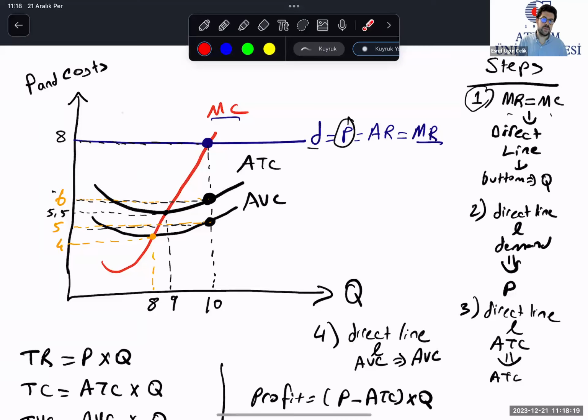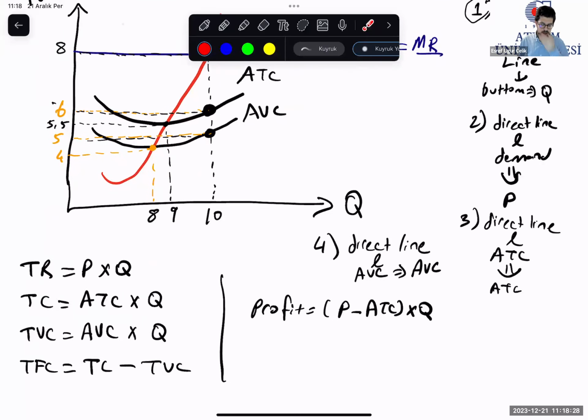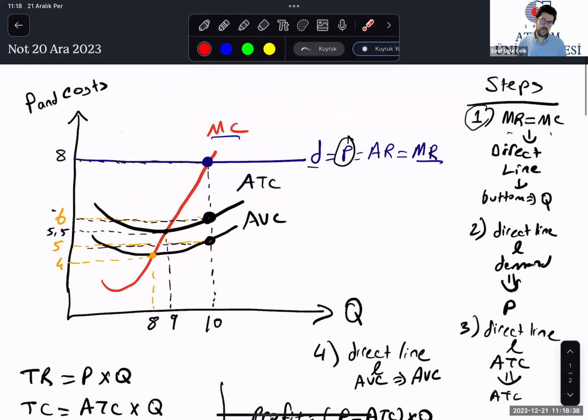And the intersection point of the direct line and average variable cost gives the value of average variable cost. Then you are going to calculate all these steps. So I'm going to ask in that sense. I'm not going to give the steps, but you should memorize them. Okay, let's start.